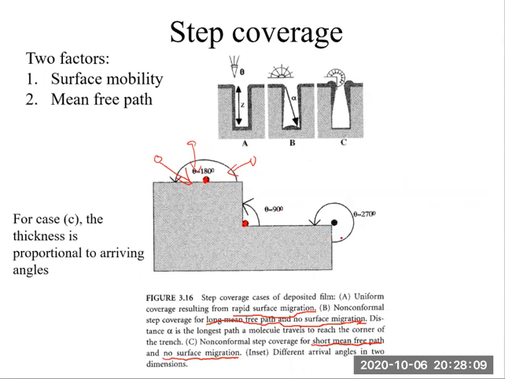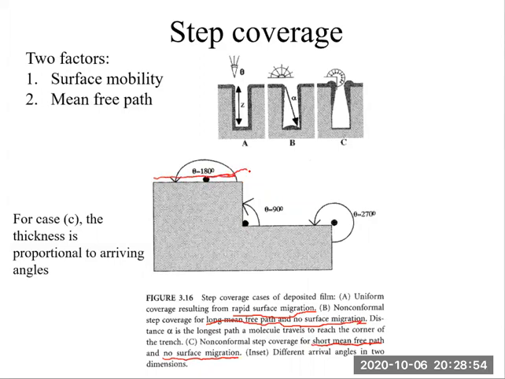And this convex corner, this is concave. This convex corner has a 270 degree arriving angle. Similarly, this node will have a 270 degree arriving angle. So if we draw the thin film thickness, then we will end up with this kind of profile.